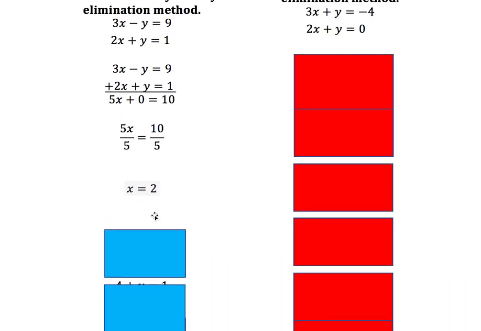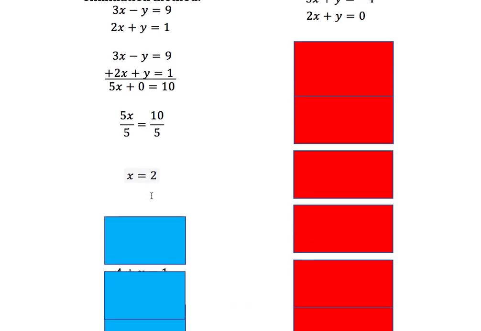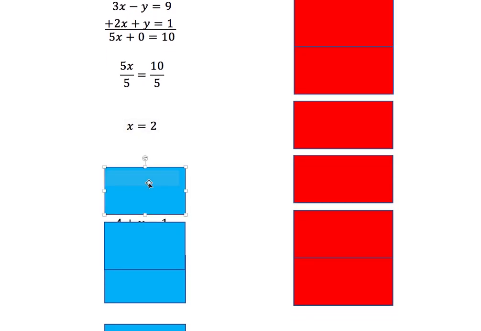Once you know that x is equal to 2, you can pick either one of these equations to plug in a 2 for your x value, and solve for y. I chose to do the second equation, but it would have worked with the first equation as well.